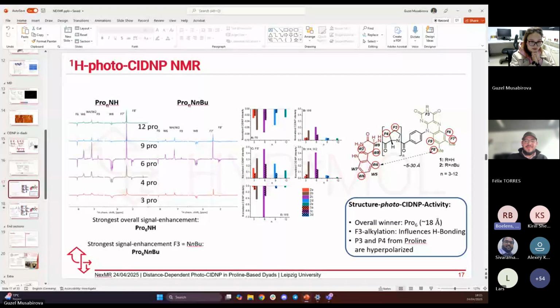Very nice, your lecture. I'm very interested in the distance effect of your CIDNP effect. Of course, an exchange integral like you show here has only the distance in it. But of course, a J-coupling integral will also have an orientational effect, like we know from K plus J couplings as well.